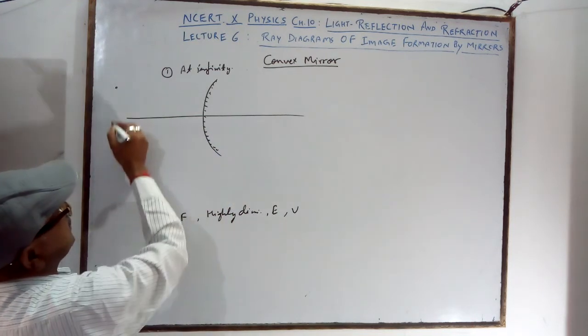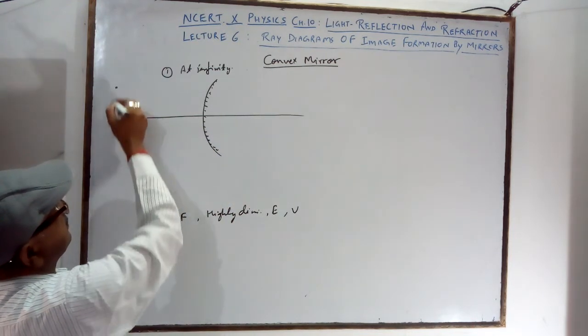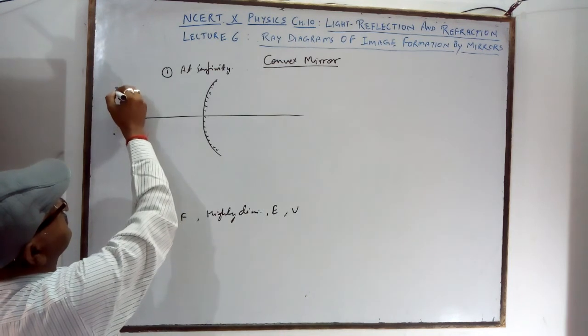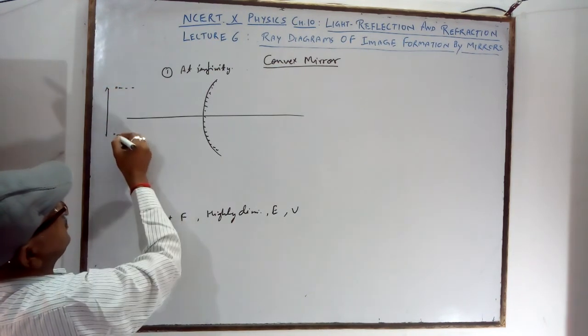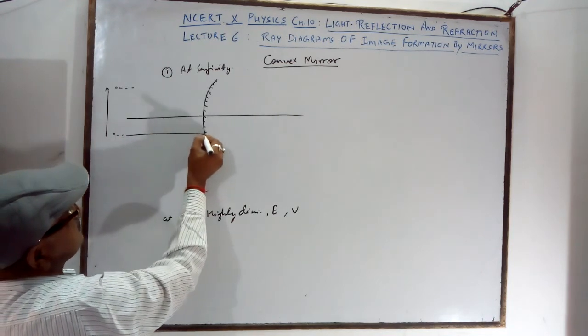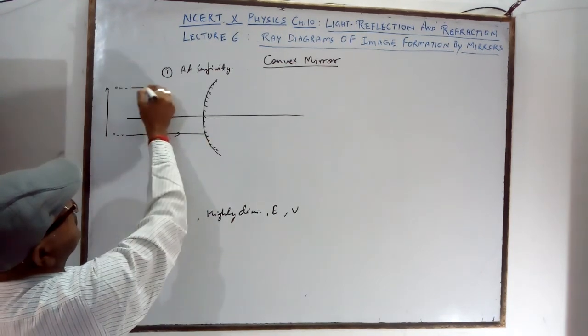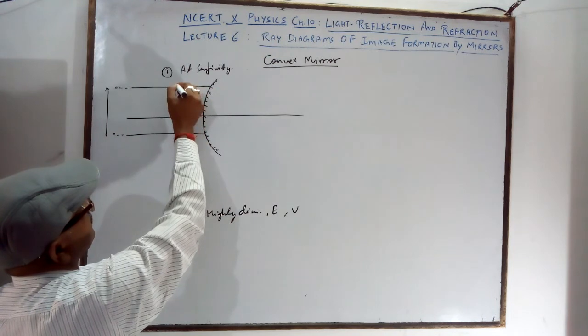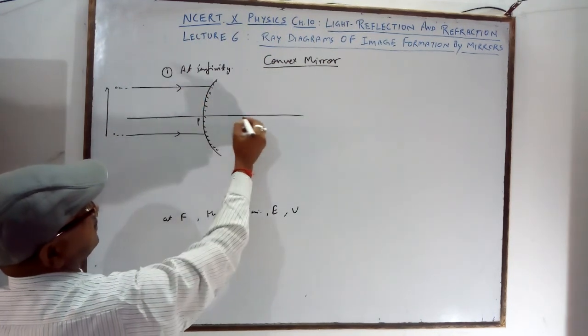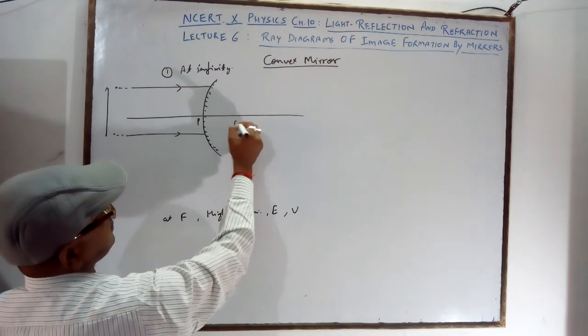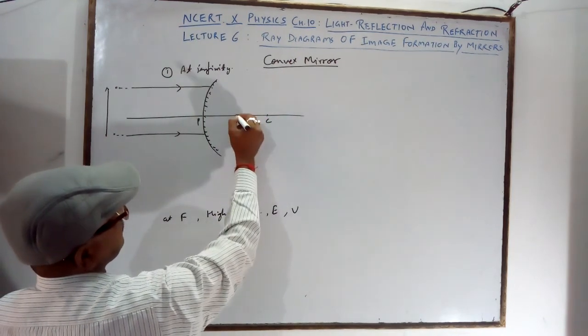We will take two rays from here. Here is the object. From here you will get two rays coming and striking the mirror. This is your pole, here is the focus, and this is the center of curvature.